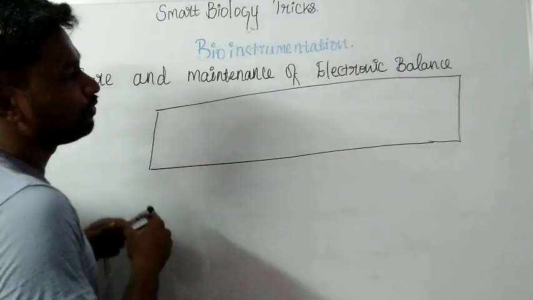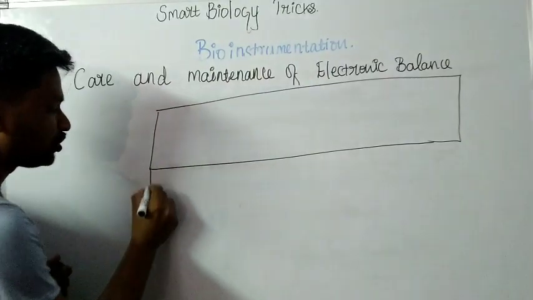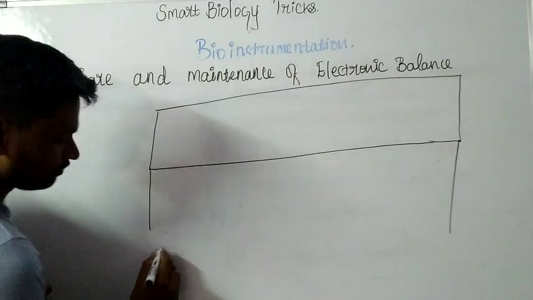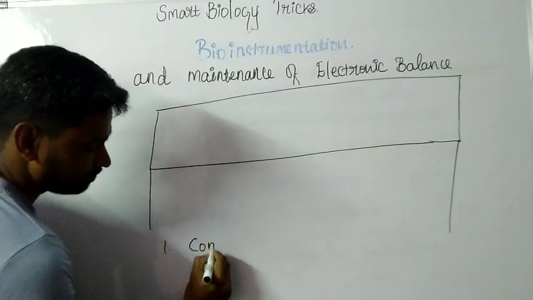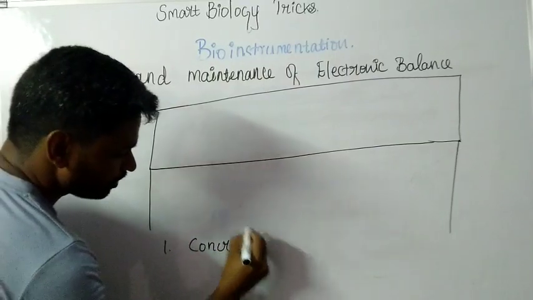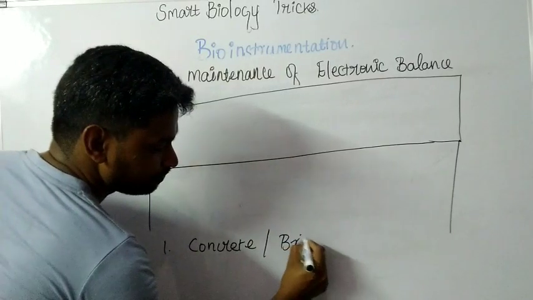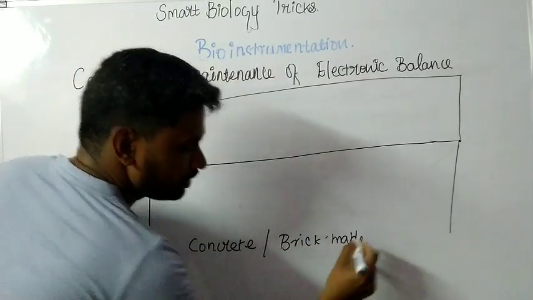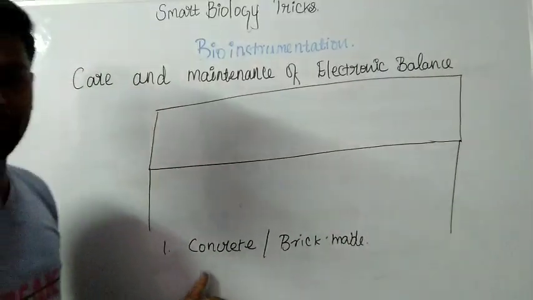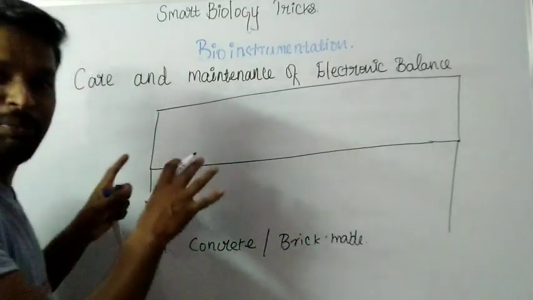If your laboratory has a long workbench, the first point is that the workbench should be made of concrete or brick. Either a concrete or brick bench should be used for keeping the instrument.